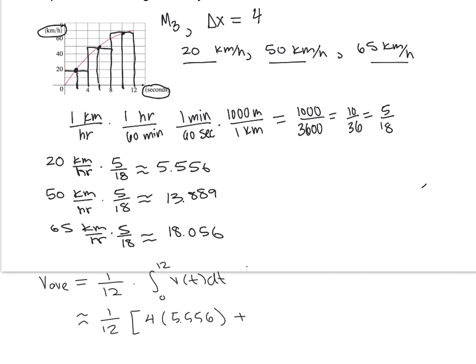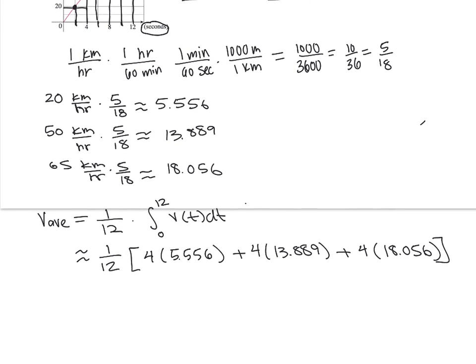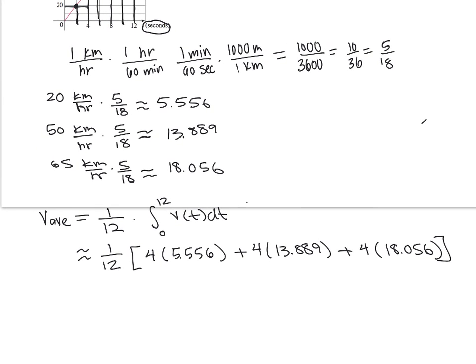Second rectangle, also base of 4, height of 13.889. And last rectangle, base of 4, height of 18.056. That gives us approximately 12.5, and our velocities were measured in meters per second, so it's meters per second.